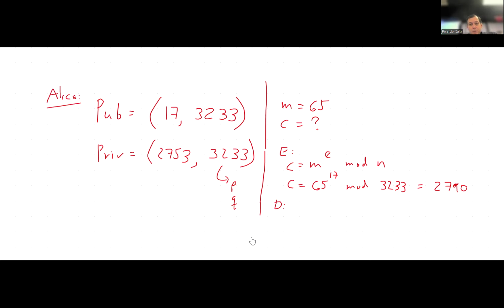The decryption should be M equals C to the D mod N, right? So that means if we write it out, M should be 2790 to the power of what? 2790 to the 2753.